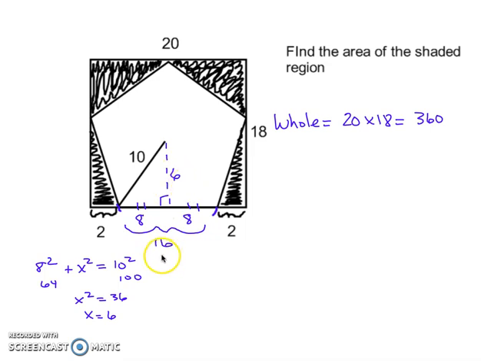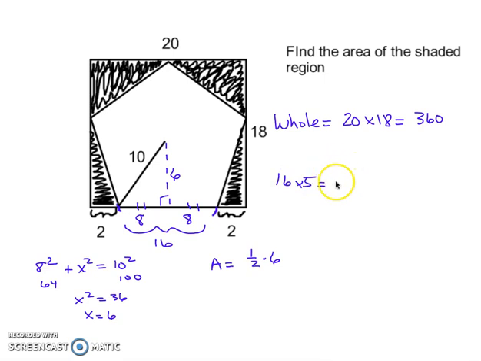So the area of the regular polygon is going to be area equals 1/2 times the apothem, which is 6, times the perimeter. So one of the sides is 16, so I'm going to take 16 and multiply it by how many sides there are, which is 5. So we take 16 times 5.